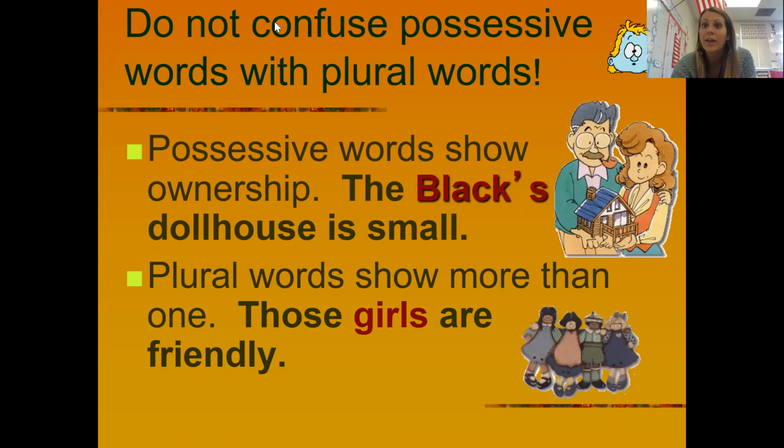We can answer it. The Blacks own the dollhouse, right? But a plural word shows more than one, and it just ends with an S. Those girls are friendly, okay? So don't get confused with plural and possessive. We know possessive has the apostrophe, then the S. The plural has just an S, okay?